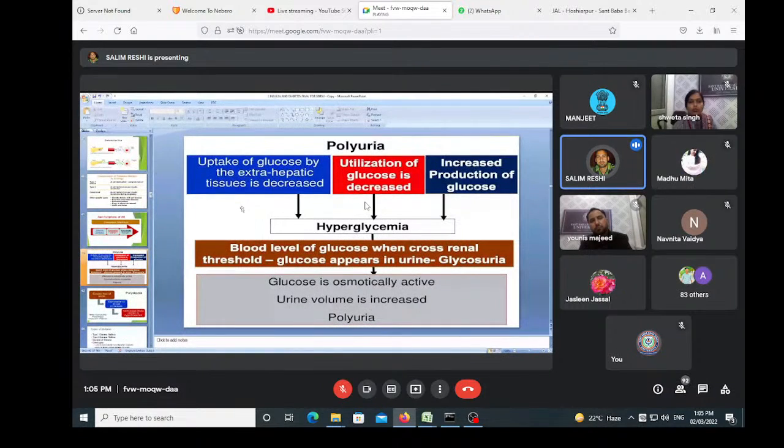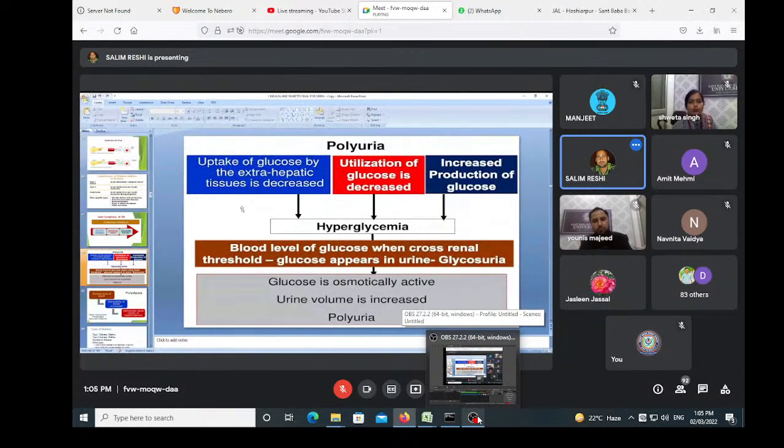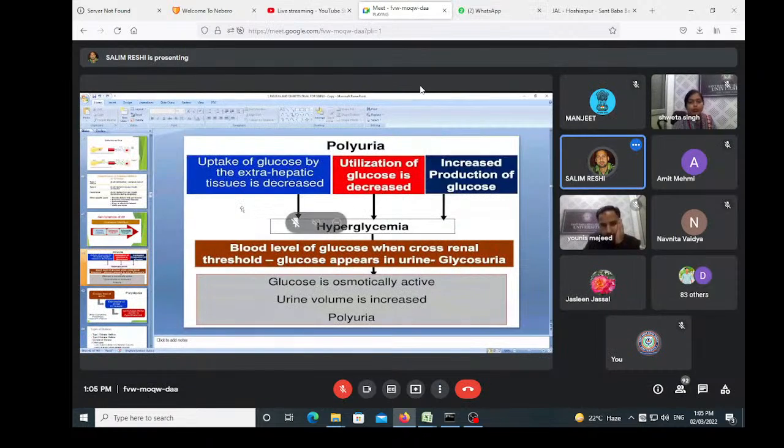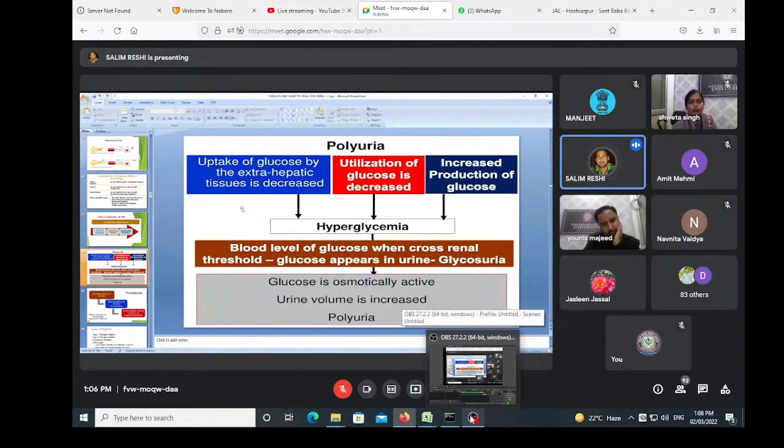Glucose is osmotically active, and when it enters the tubules of the kidneys, more fluid is released and urine volume is increased, because reabsorption of water from the tubules or the collecting duct does not occur since it contains the sugar.